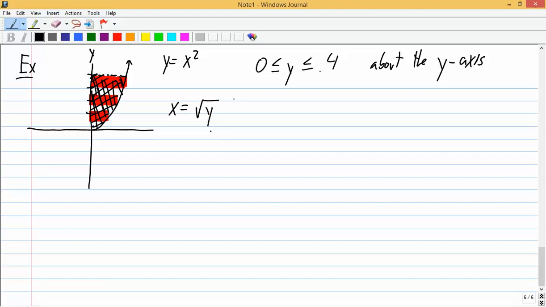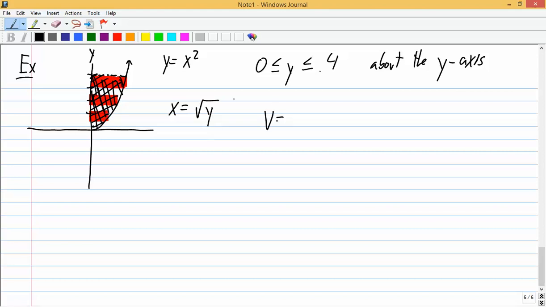Alright, so this function will give me the height of any rectangle, and the height of any rectangle is the radius of the disk that's made when you revolve the rectangle.